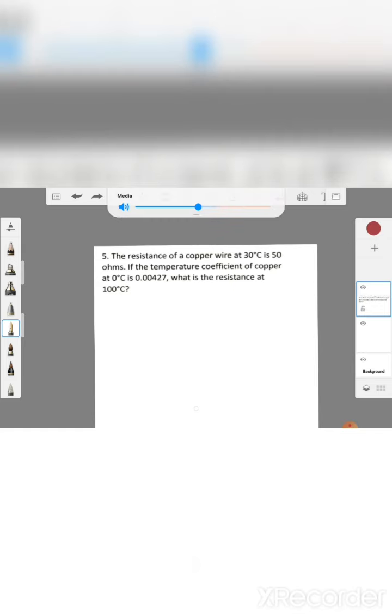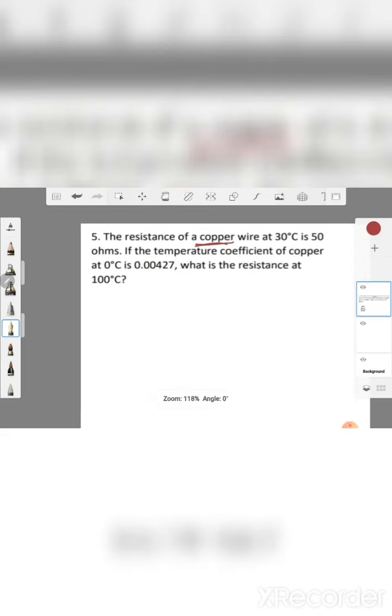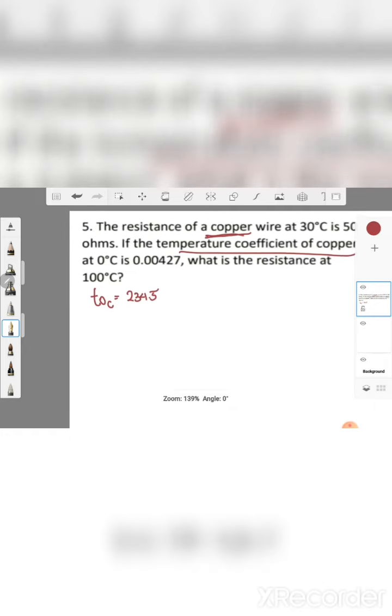So since we have our material which is copper, we all know that the TO of copper is equal to 234.5. Okay, so using our temperature coefficient, we will solve for A30.